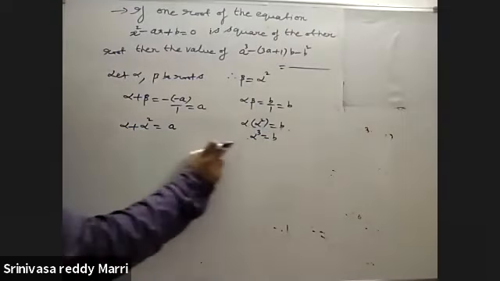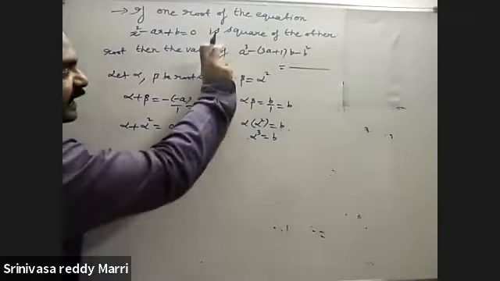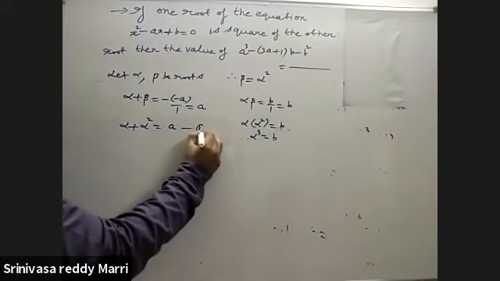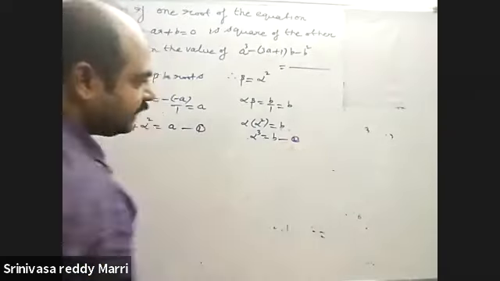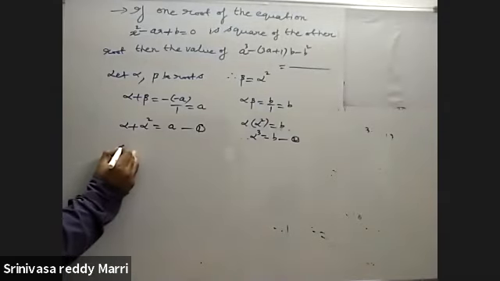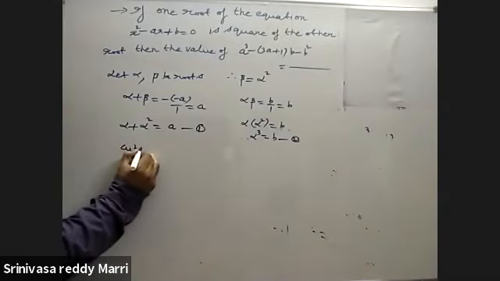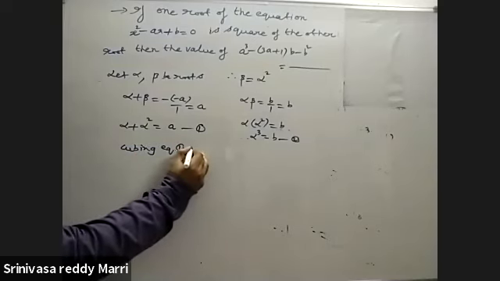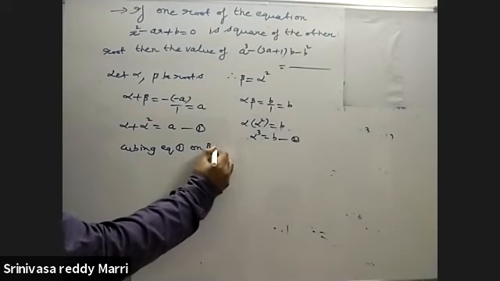Now from these two, we have to eliminate alpha and form an equation in A and B. Let us say this is the first equation. Let us say this is the second equation. For the first equation, what I am doing is cubing equation 1 on both sides.